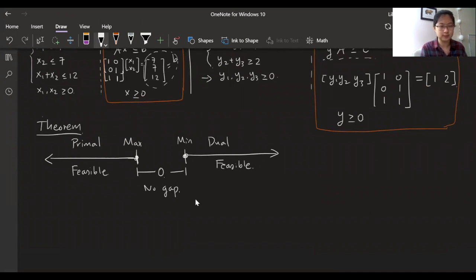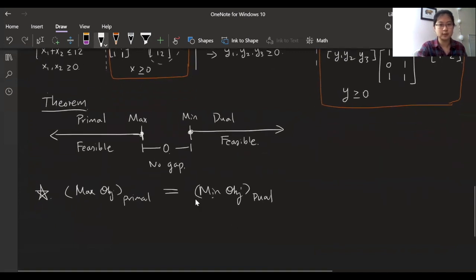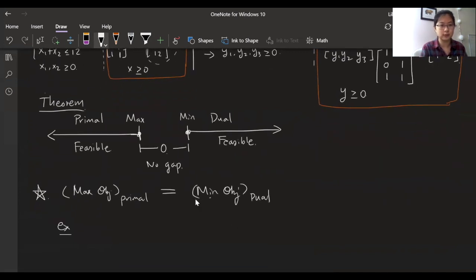So basically what this says is the max objective of your primal is equal to the min objective of the dual. And this theorem gives us the result that, for example, we have min cut equals max flow.